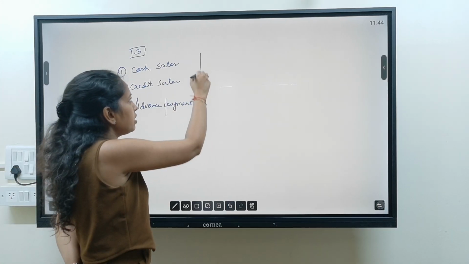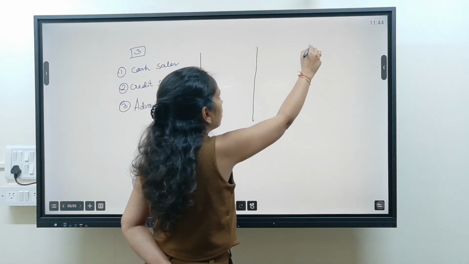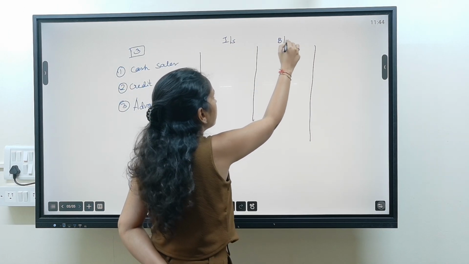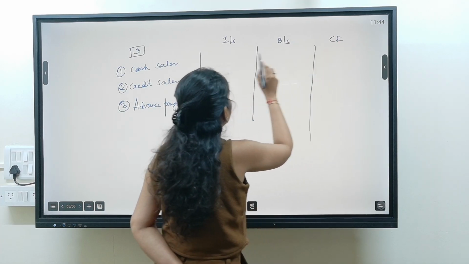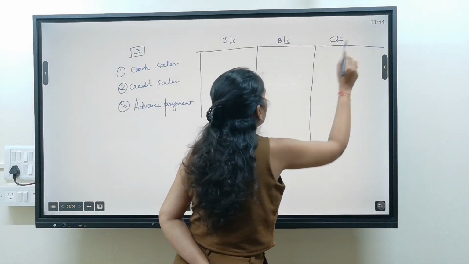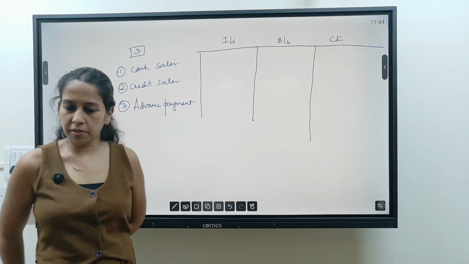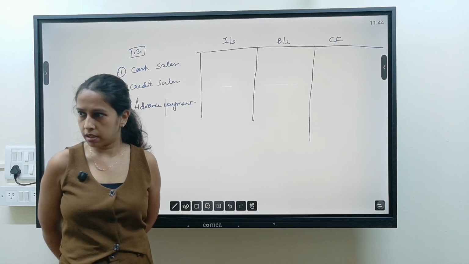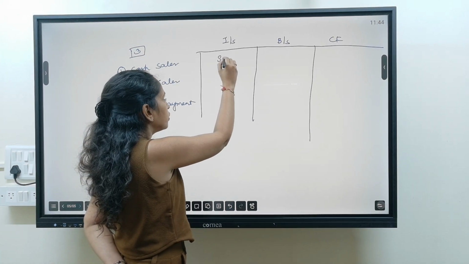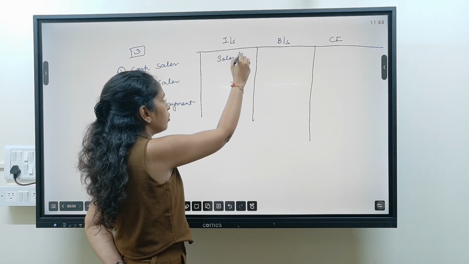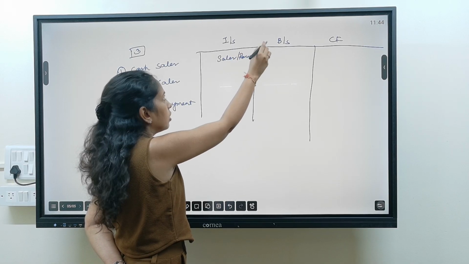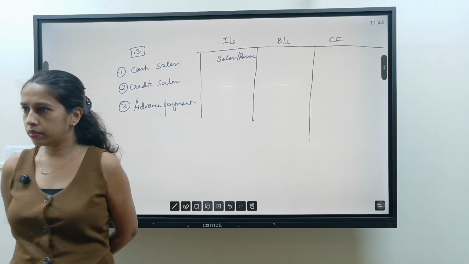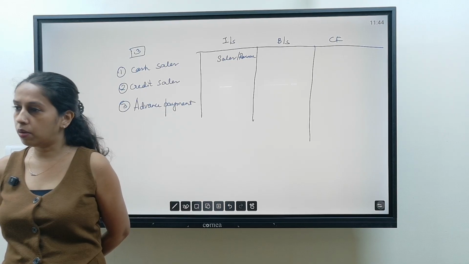But do all of these impact your income statement, balance sheet and cash flow? Cash sales: does it impact your income statement? Yes, you will record that as sales or revenue. Does it impact your balance sheet? Yes. How?